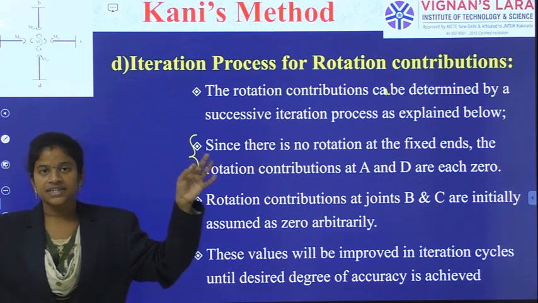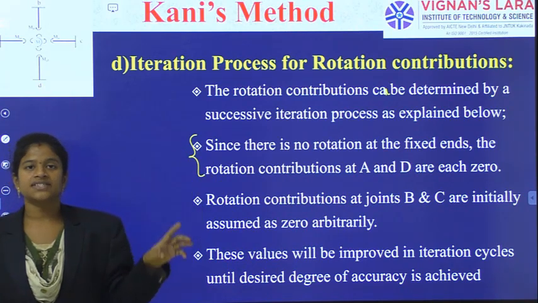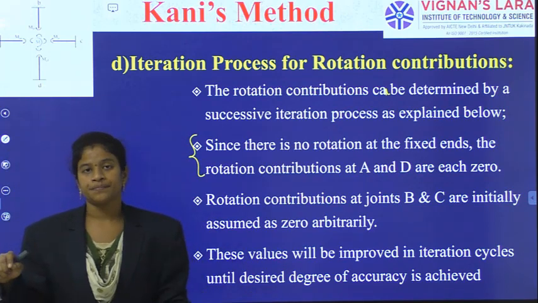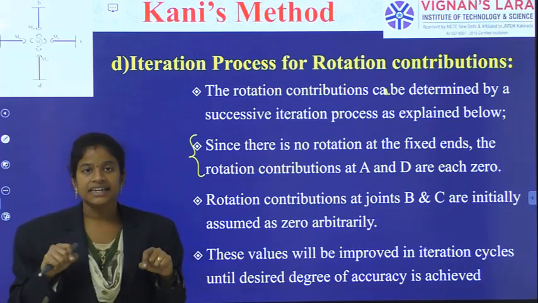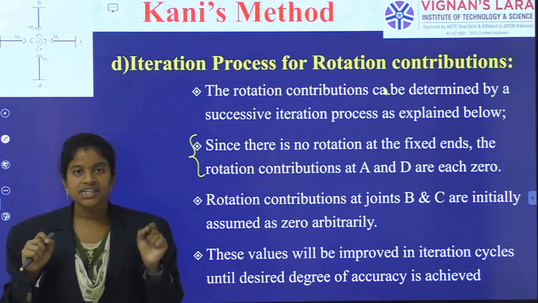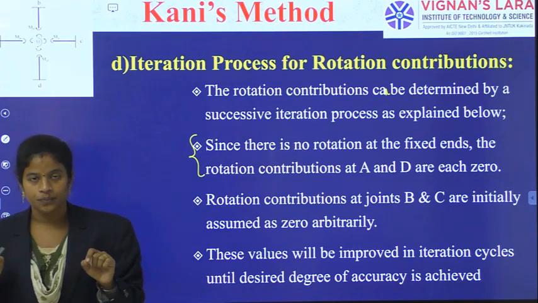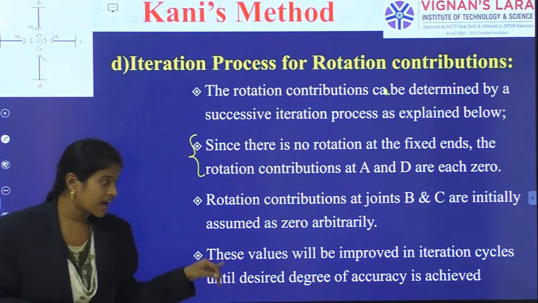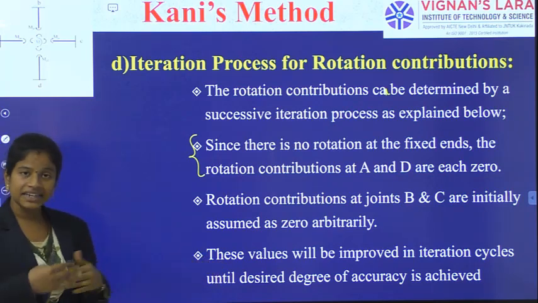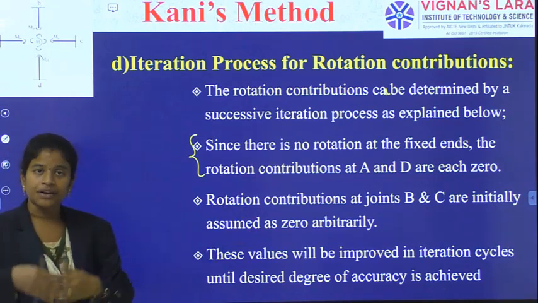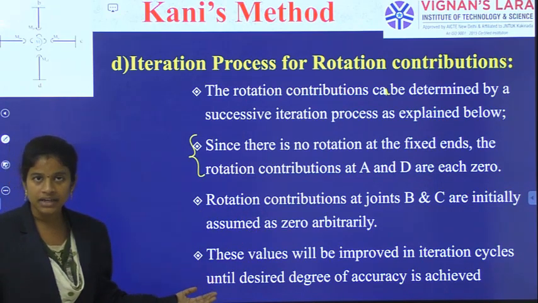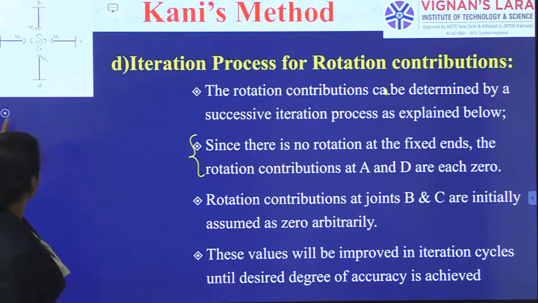Firstly, at the fixed ends, the rotation contribution is definitely 0 because there is no contribution. And for the remaining intermediate joints, initially I am considering rotation contributions as 0. Next, these values will be improved in the iteration cycle. This is the assumption, right? So this assumption will be removed and the proper values will come with successive cycles.